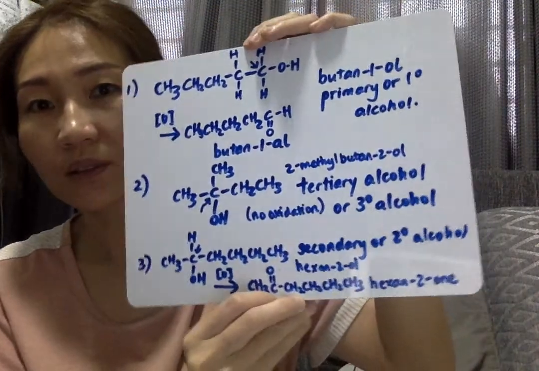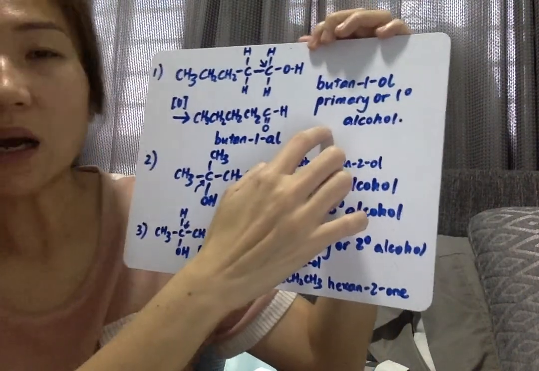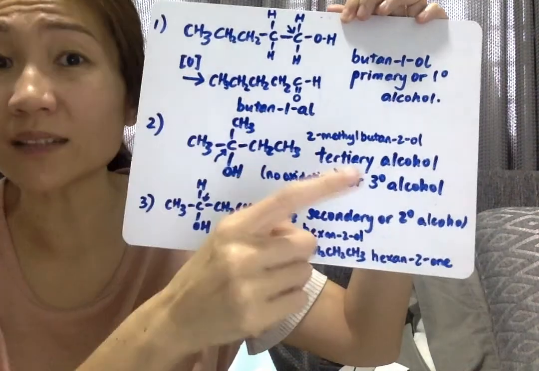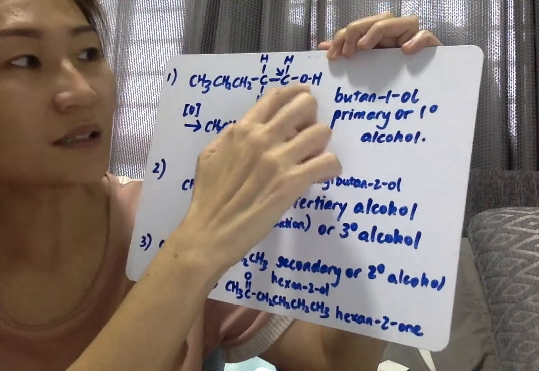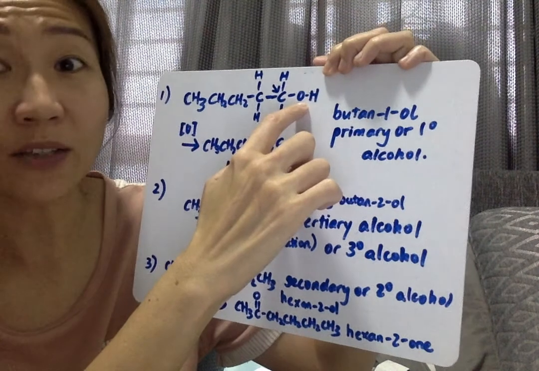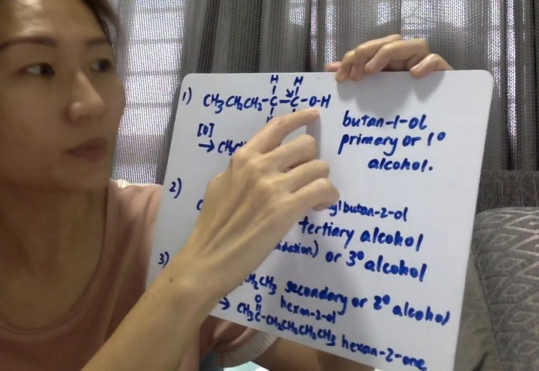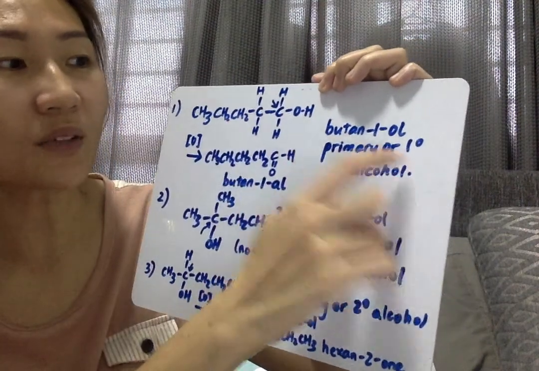The first alcohol is a primary alcohol, or a 1 degree alcohol. It is called butan-1-ol. Now, how do I know that this is a 1 degree alcohol? You have to look at the hydroxy group attached to the carbon atom. The carbon atom attached to the hydroxy group, the OH group, is attached to 1 carbon, so that is why it is a 1 degree alcohol.